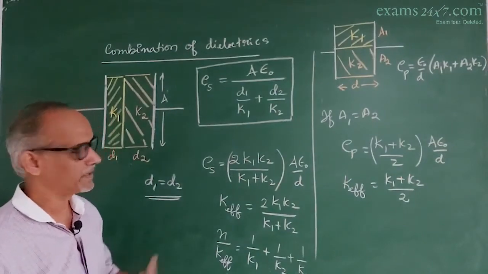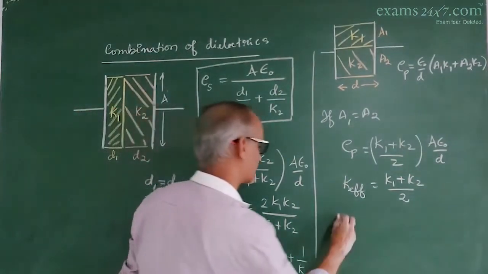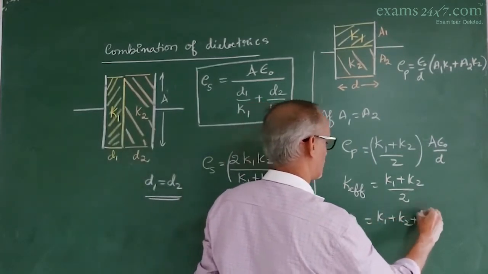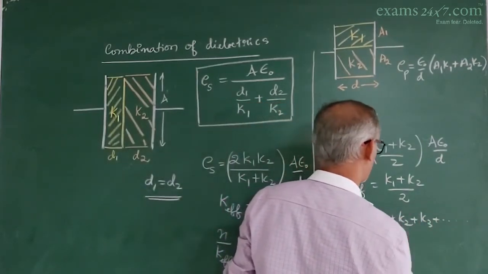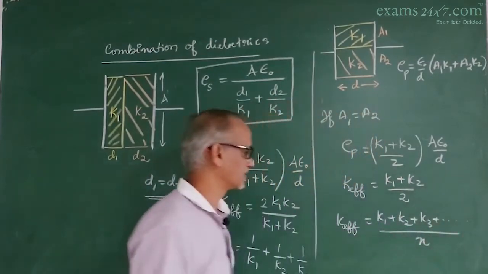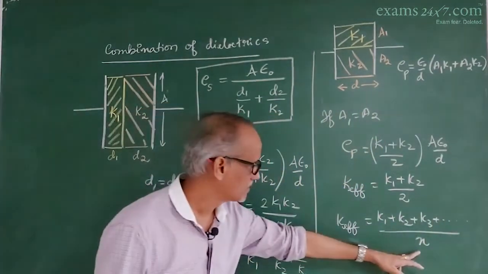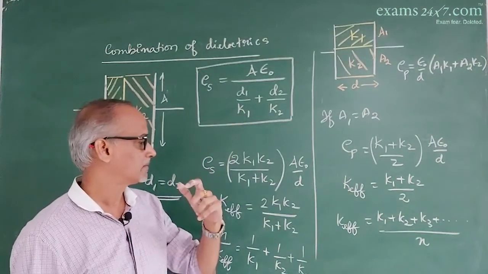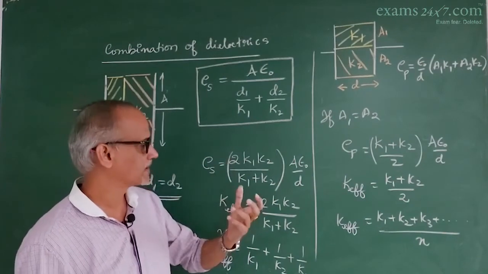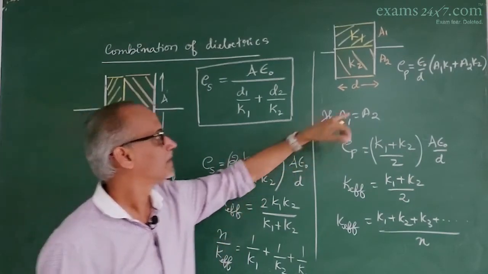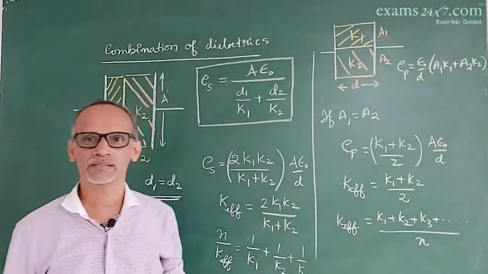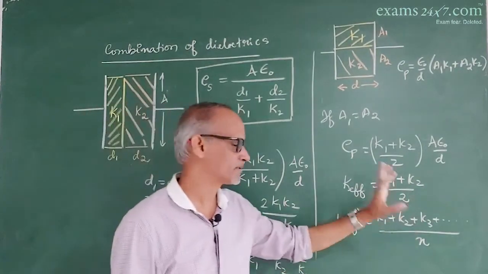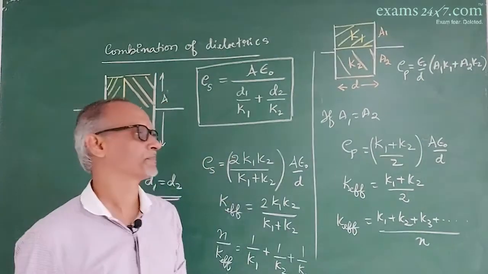And for n such identical dielectrics, we get K effective is equal to K1 plus K2 plus K3 and so on up till Kn divided by n, where n is the number of dielectrics having identical dimension, and K1, K2, K3 are their dielectric constants.